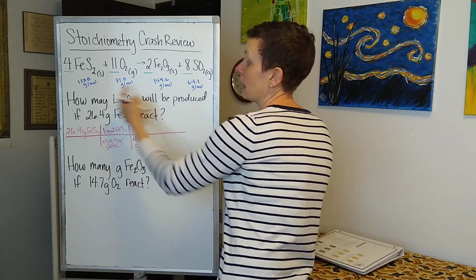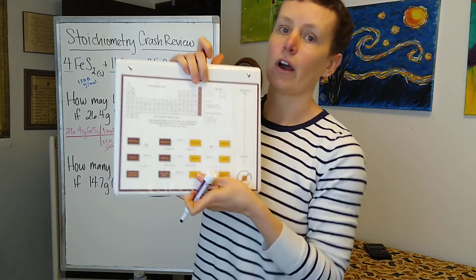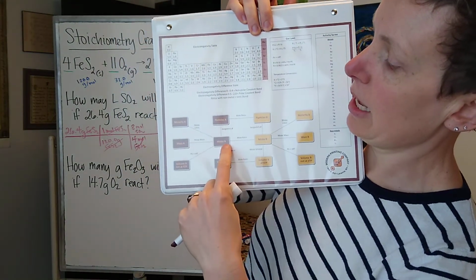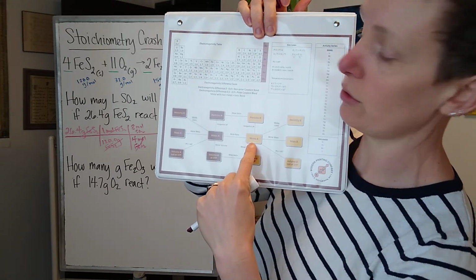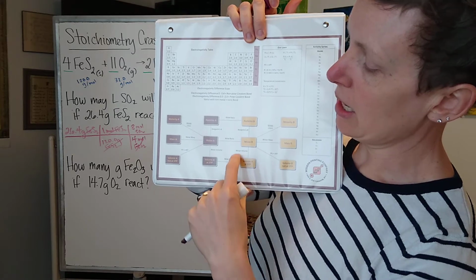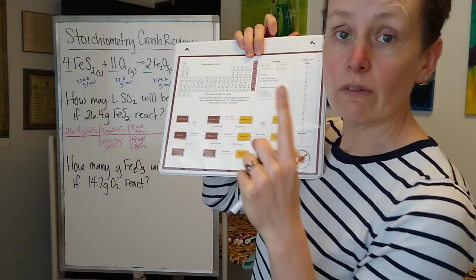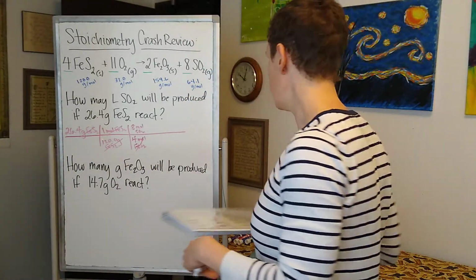I am trying to find liters of SO2. Okay? So far I have gone from mass to moles, and then I use the mole ratio to get to moles of B, moles of SO2. But I'm trying to find liters of SO2. So I'm going to go down, and I need molar volume to do that. So if you remember from chapter 10, 1 mole of a gas at STP has a volume of 22.4 liters.